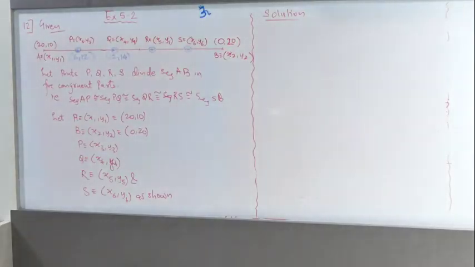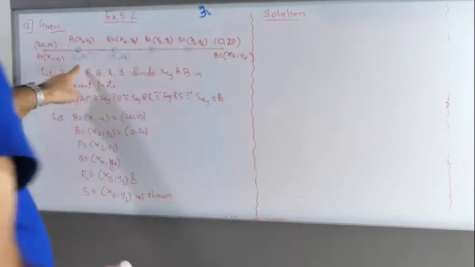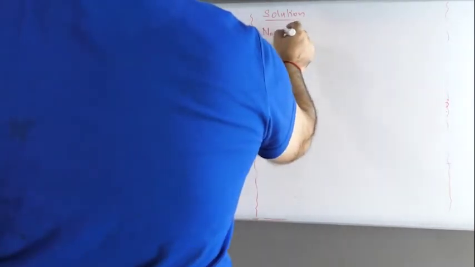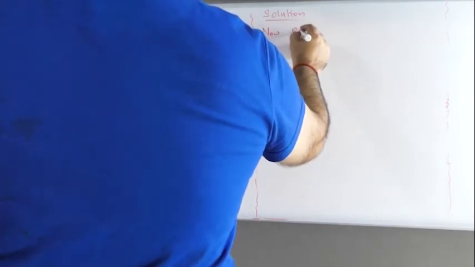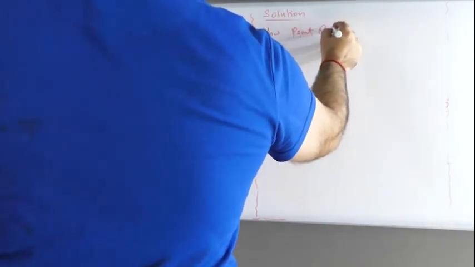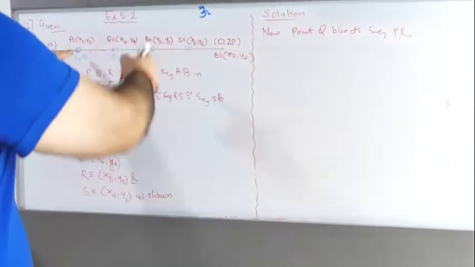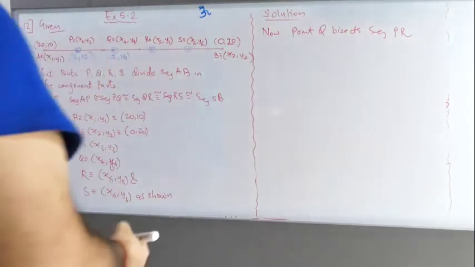Okay, now as I said, you will consider PR. Point Q bisects segment PR. So you're saying Q is bisecting PR.